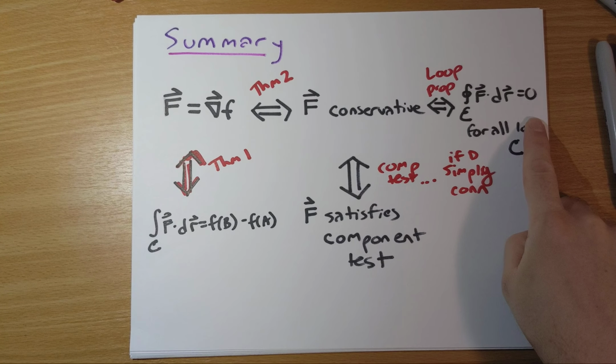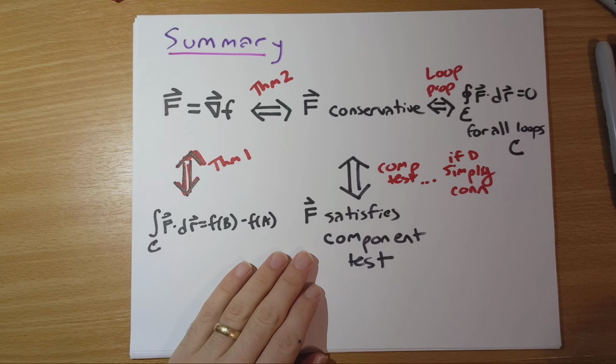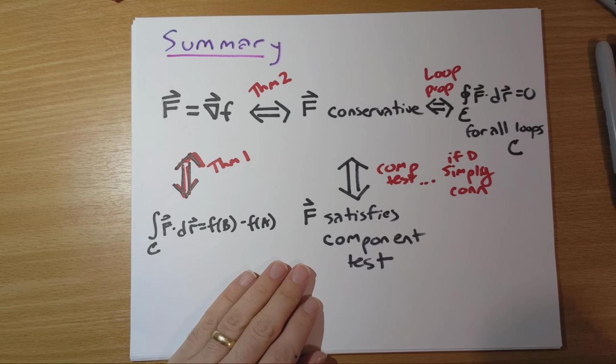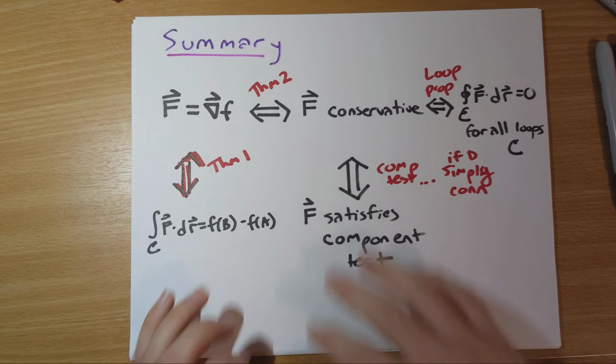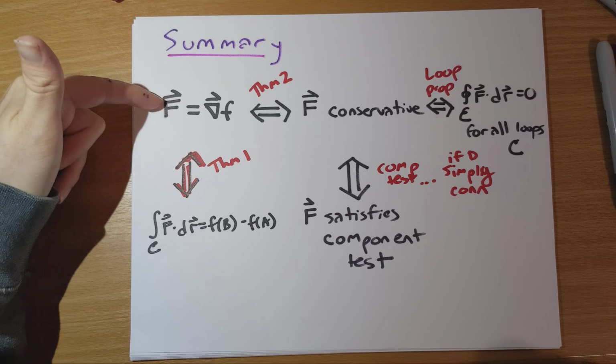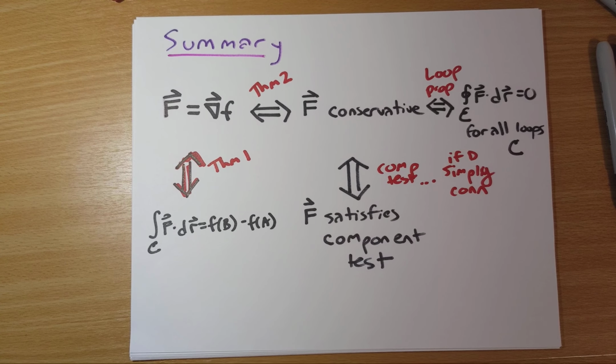And if I happen to ask you about some loop question, well, then you just know that you can get 0 here. So everything on this sheet, these are all interchangeable. That makes your life really easy, because you can move back and forth between any of these. If I tell you that F is the gradient of some little f, you have the loop property, stuff like that.